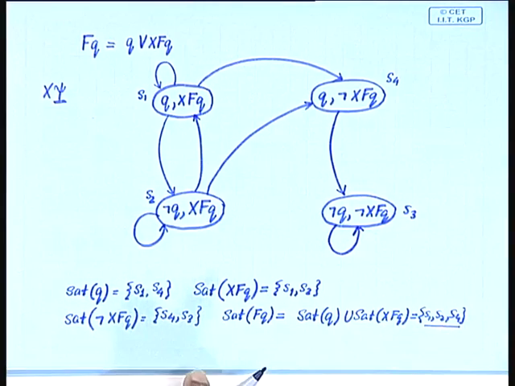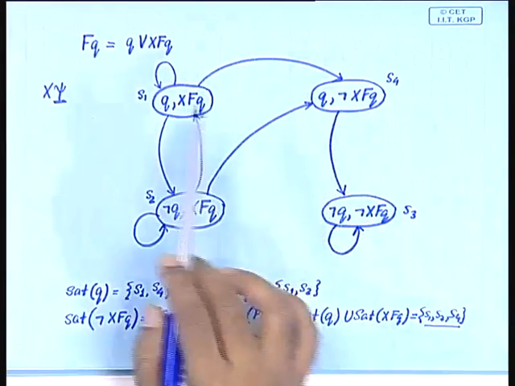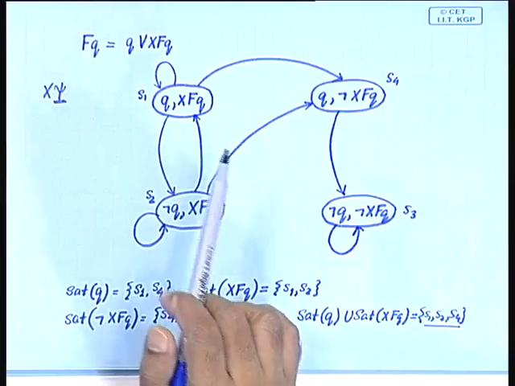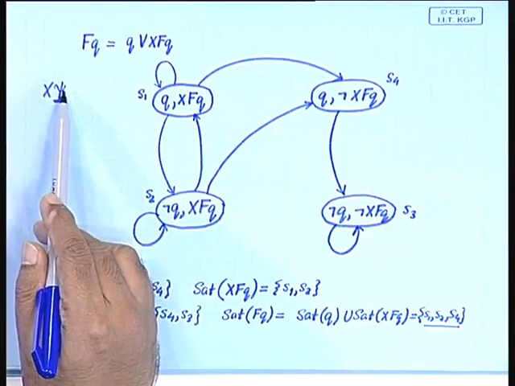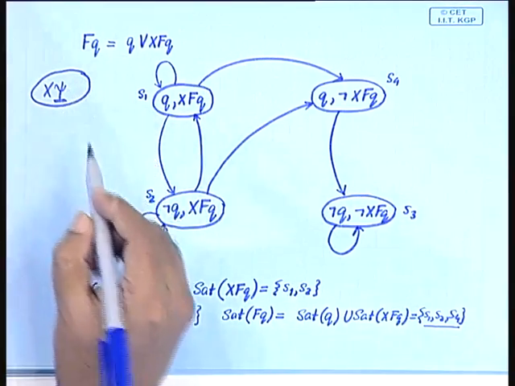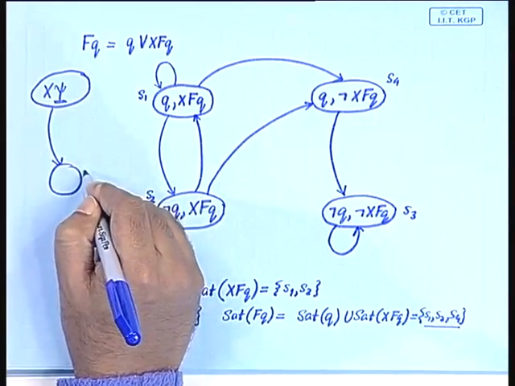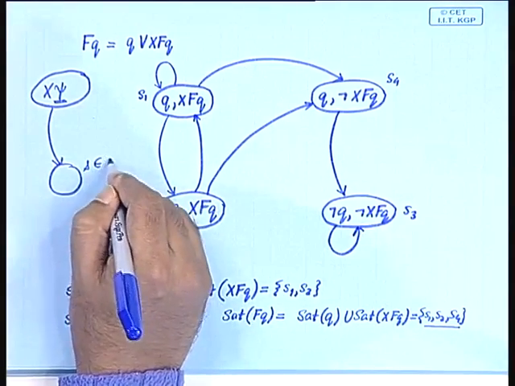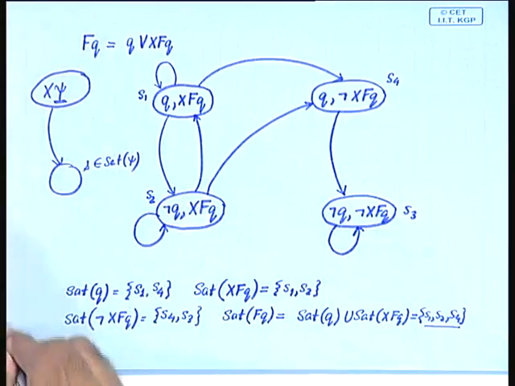All right. So, what did we do? We looked at each state of the tableau, and whenever we had any property of the form X psi, we put an edge from the state which has X psi to some state S which belongs to SAT of psi. Okay.